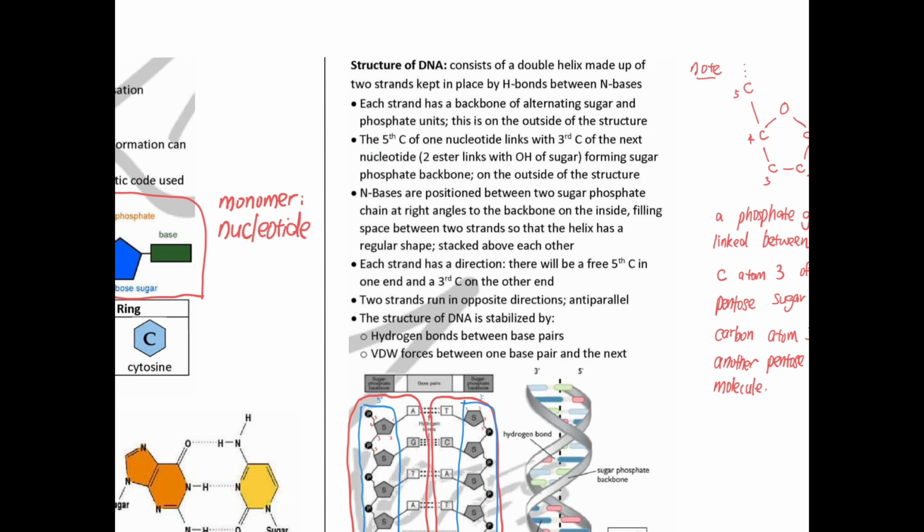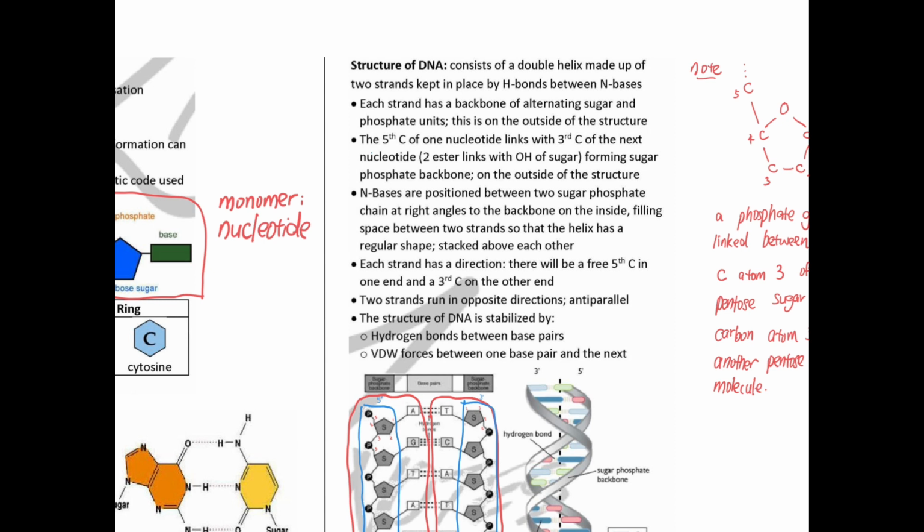The bases are inside, filling the space between two strands so that the helix has a regular shape, stacked above each other. It's like they are twisting around each other.